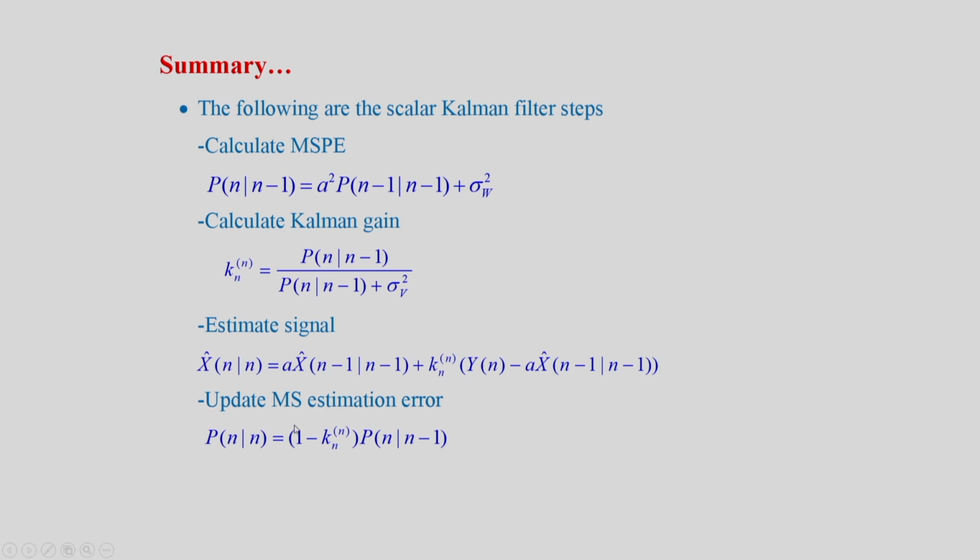Then we will update the MS estimation error p of n given n is equal to 1 minus Kn into p of n given n minus 1. So, this is the scalar Kalman filter, and it explains the theory of Kalman filter very well. Next, we will see how we can extend it to multiple signal case, that is vector Kalman filter.